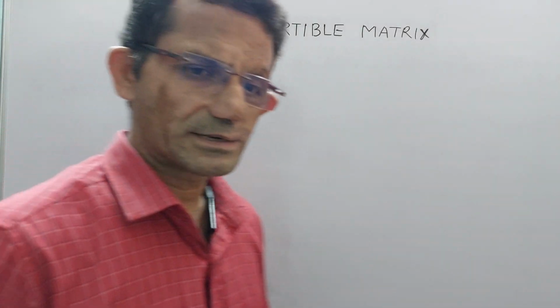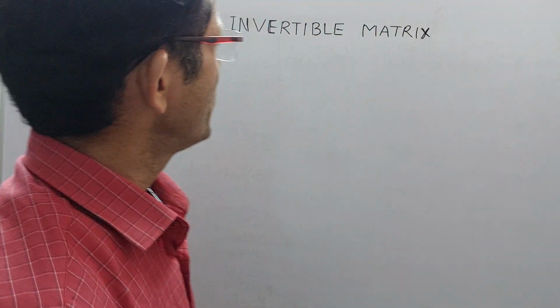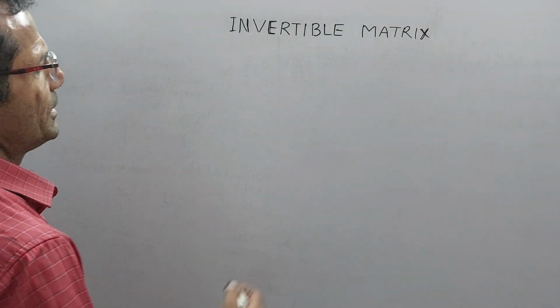Now invertible matrix: any square matrix can have an inverse.